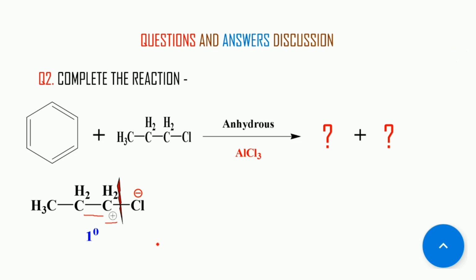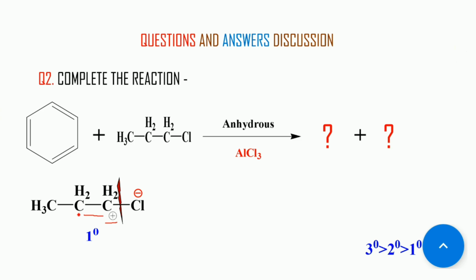Now according to stability, 3 degree is more stable than 2 degree, which is more stable than 1 degree. So if there is a possibility of changing from lower stability to gain higher stability, then we must do that. Here there is a possibility if we transfer this carbocation from 1 degree to 2 degree.